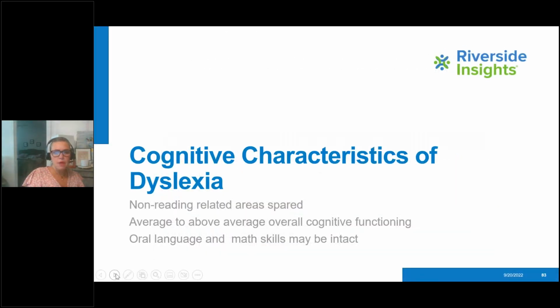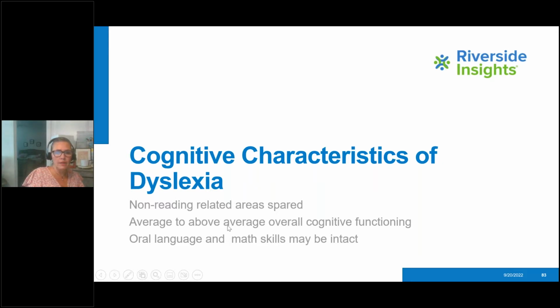And then cognitive characteristics of dyslexia. So looking at unexpectedness or looking at students' performance in areas that do not require reading is an important component of identifying dyslexia.